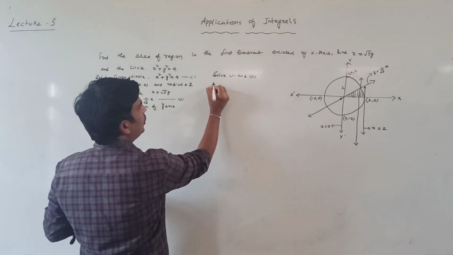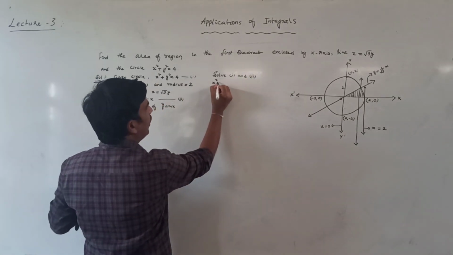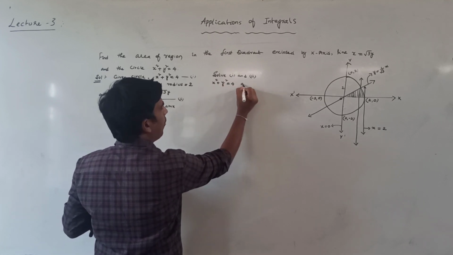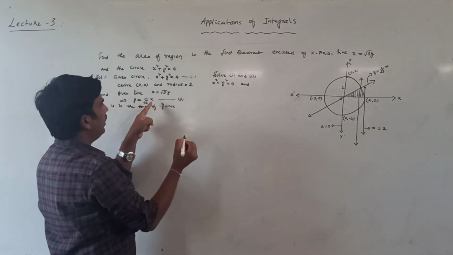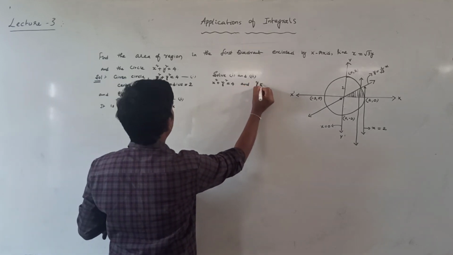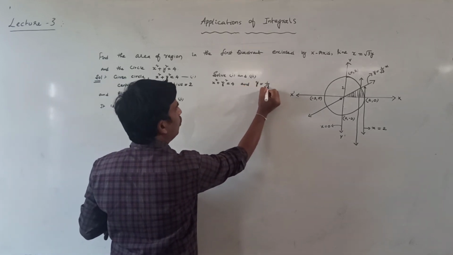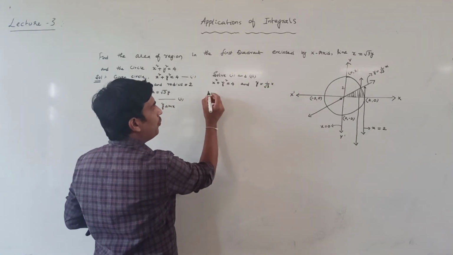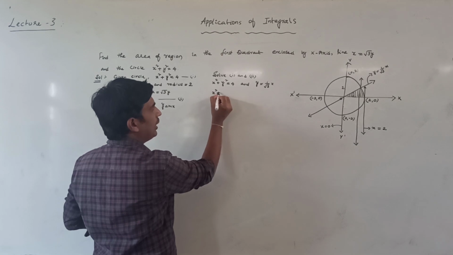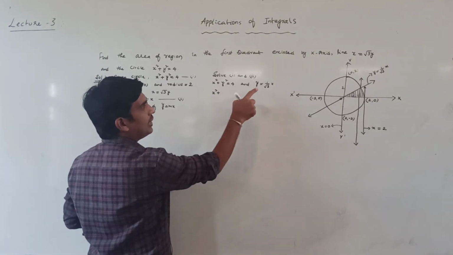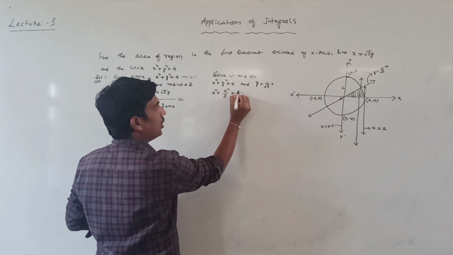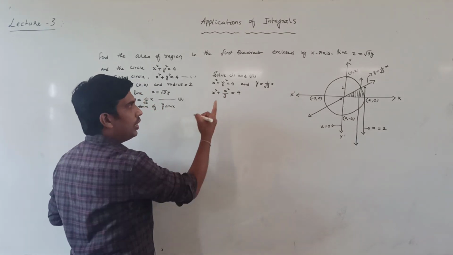What is the first equation here? x square plus y square is equal to 4. And what is the second equation? y is equal to 1 by root 3 x. If you replace this y value here, we get x square plus x square by 3 is equal to 4.